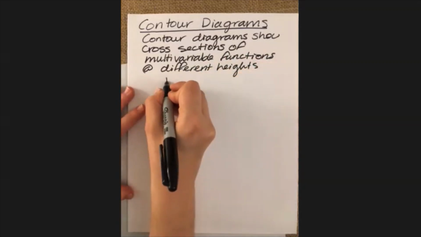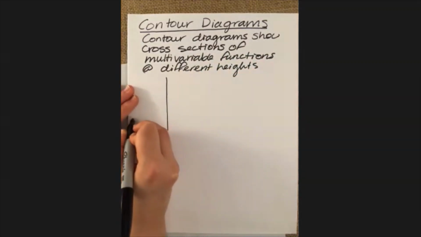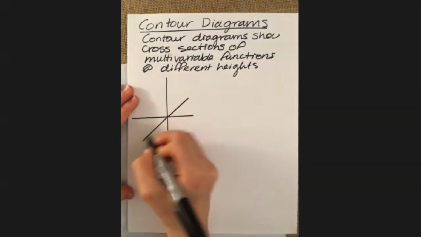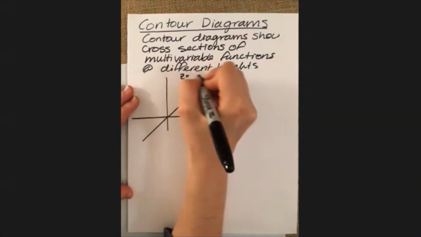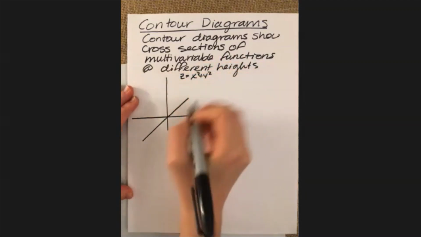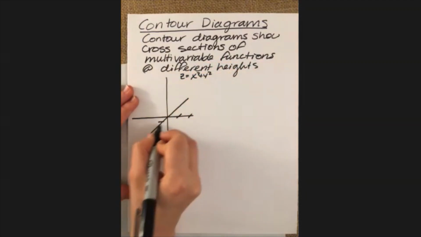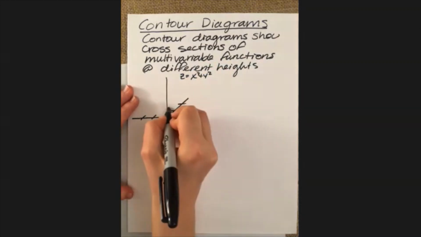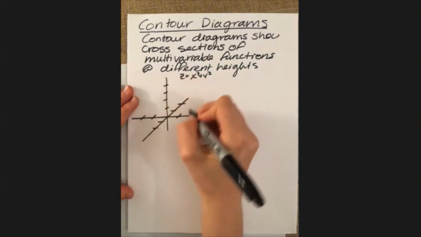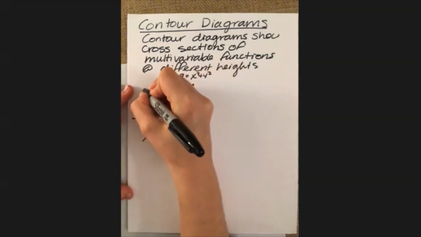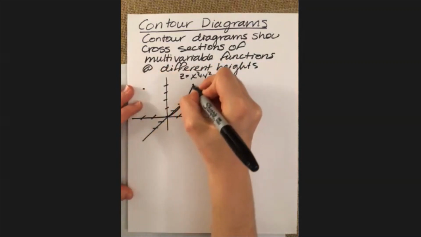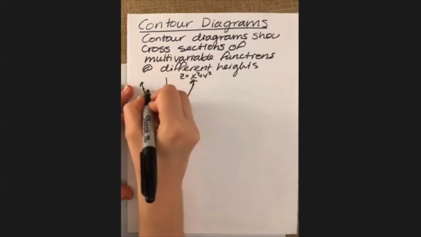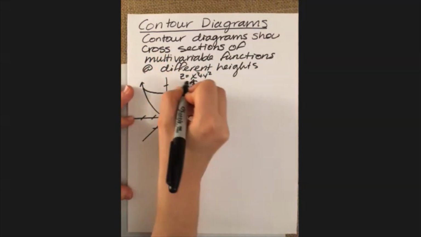So if we have a multivariable function, we can say something relatively simple, like z equals x squared plus y squared, is a really nice one. This one's actually pretty straightforward to draw. It's just a paraboloid that sweeps around like so.